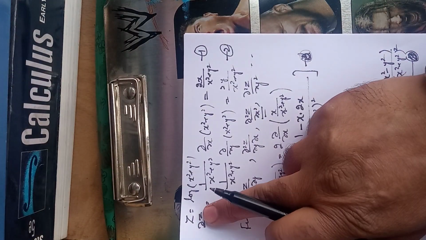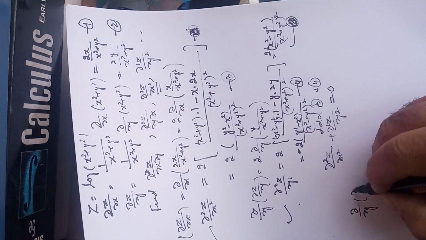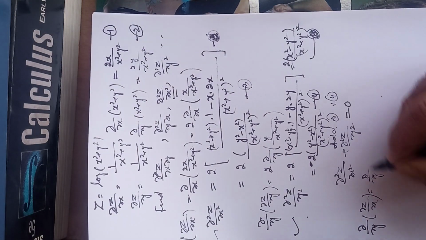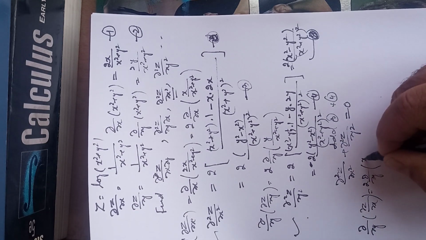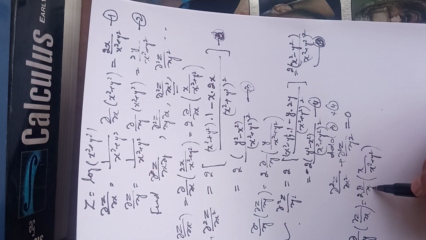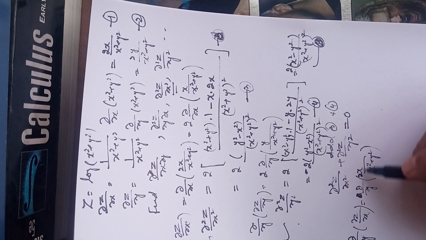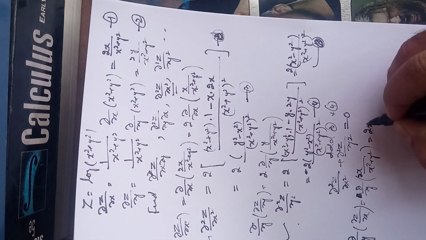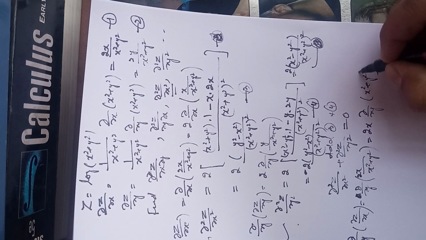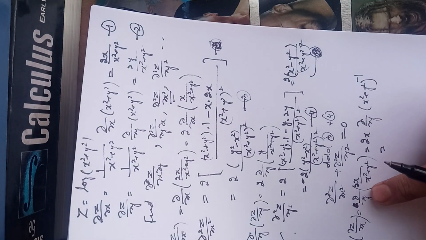Now let me differentiate first partially with respect to y. Del by del y of del z by del x is del by del y of twice x upon x square plus y square. You have to differentiate only with respect to y, so x is constant and 2 is constant. So this is 2x times del by del y of x square plus y square raised to the power minus 1. 2x is constant, I have taken it outside.